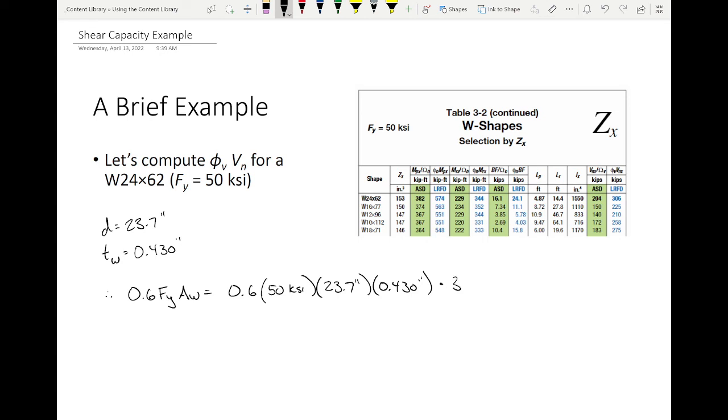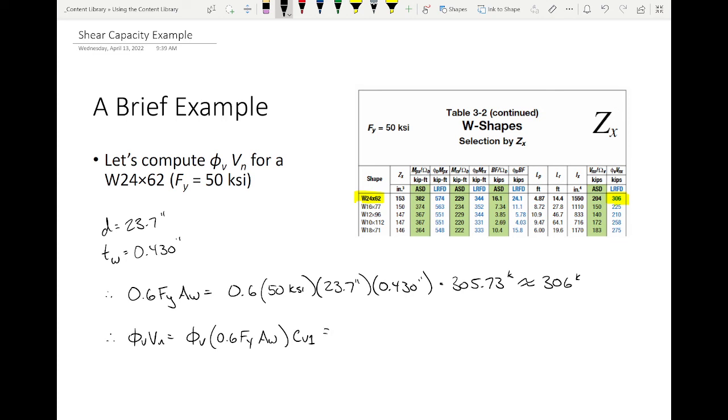305.73. Maybe that rounds to, I don't know, 306. See, what happens is phi Vn is computed by taking phi times this times this buckling constant, okay?